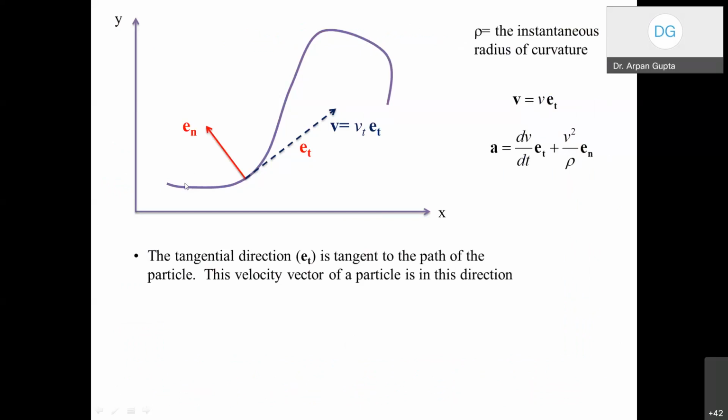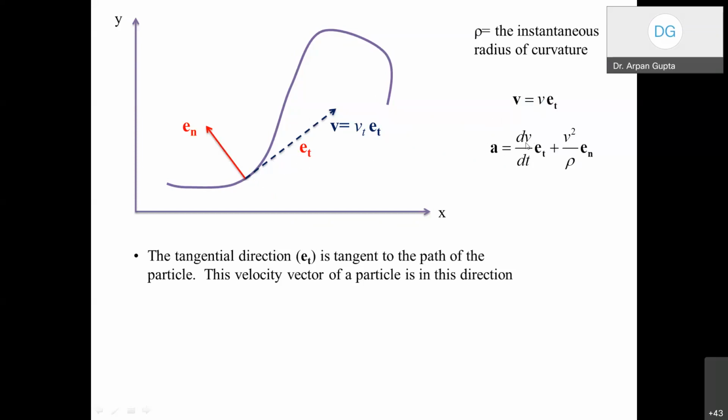So if a particle is moving along a certain path, now our coordinate axes are also moving along with the particle. We have a unit vector et cap, which points in the tangential direction of the path, and then we have a vector en cap, which is perpendicular to et cap and points towards the center of curvature.